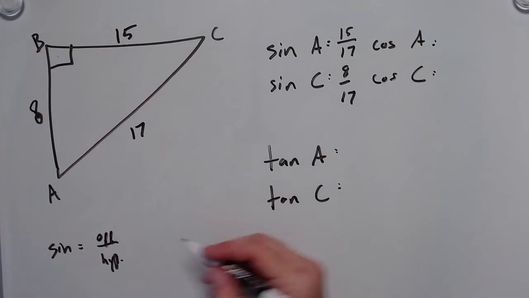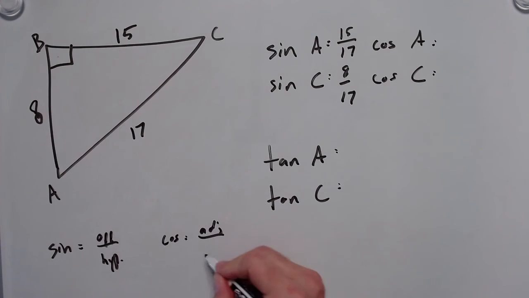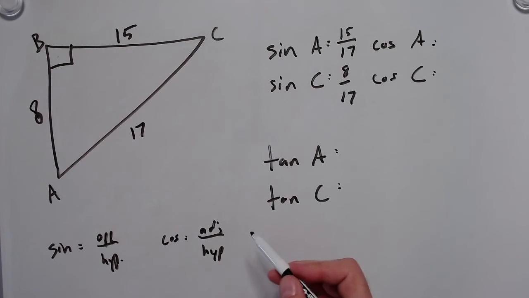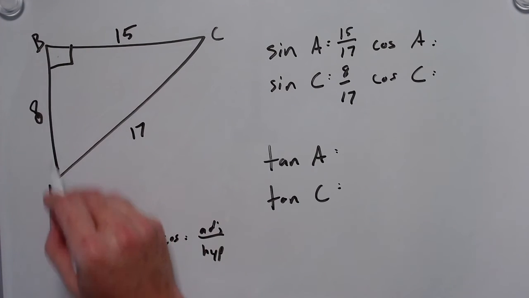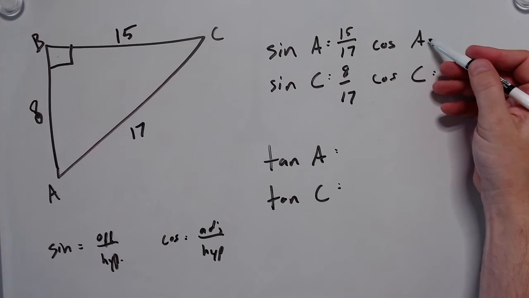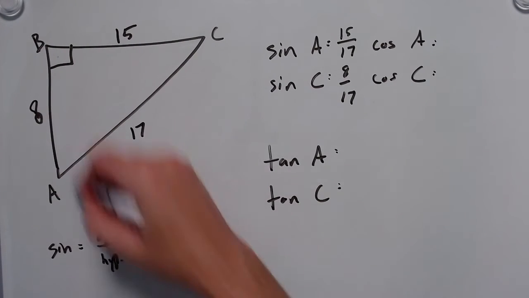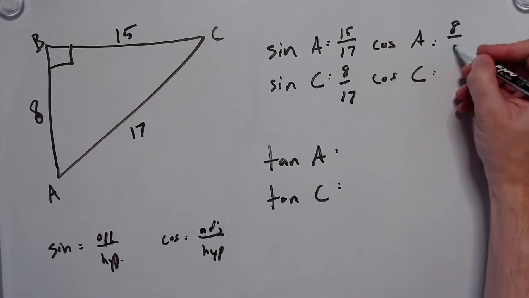And cosine. Cosine is the adjacent over hypotenuse. And I think of it like when you cosine something, it's two people and they're together. So when you cosine of A, you're interested in the leg that's touching A. So the cosine of A would be the adjacent length, which is 8, over the hypotenuse, which is 17.